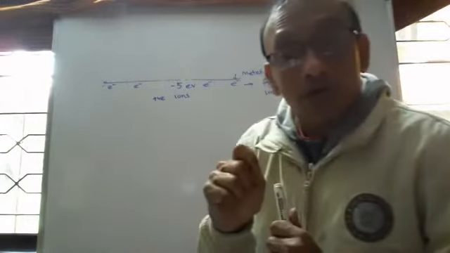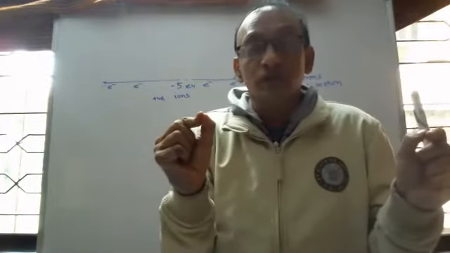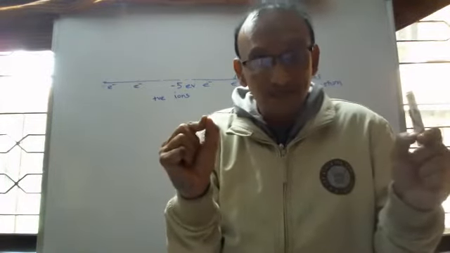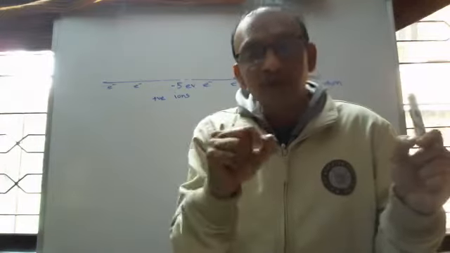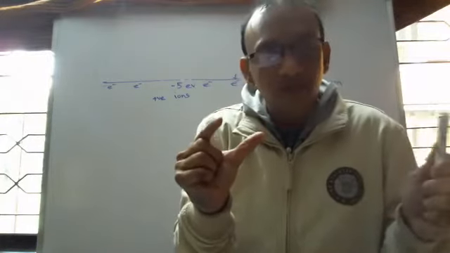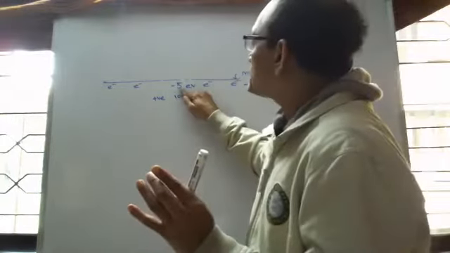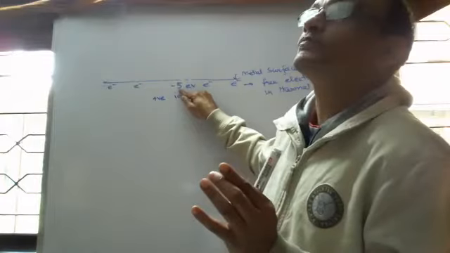Realize that positive और negative charge के बीच में the potential energy is negative, isn't it? K Q1 Q2 by R, if one is positive, one is negative, then the potential energy is negative, right? अब ये -5 electron volt है इसका energy, electron का.